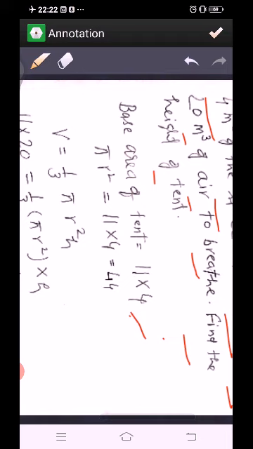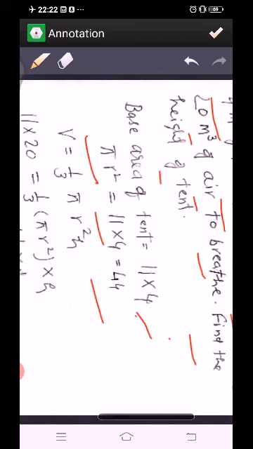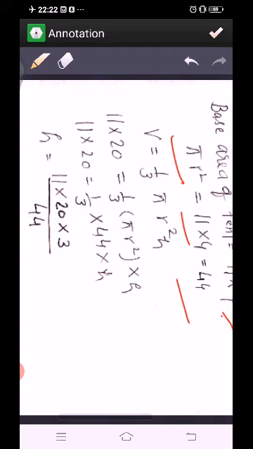So ground base area will be area of circle, that is pi r square, will be 11 into 4, 44. Then volume will be 1 by 3 pi r square h. Each person requires 20 meter cube of volume, so 11 into 20, that is the volume. 1 by 3 pi r square we have just separated into h.